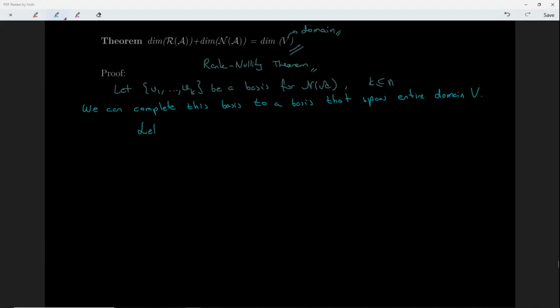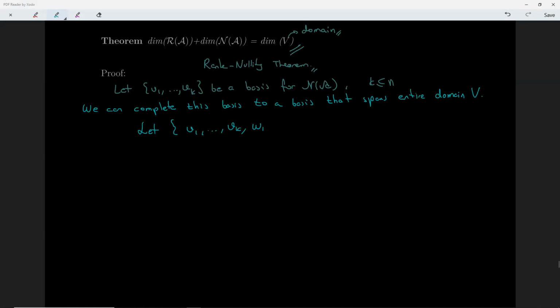So let's do that: v1 to vk, and then I will add those vectors and call them w's this time.